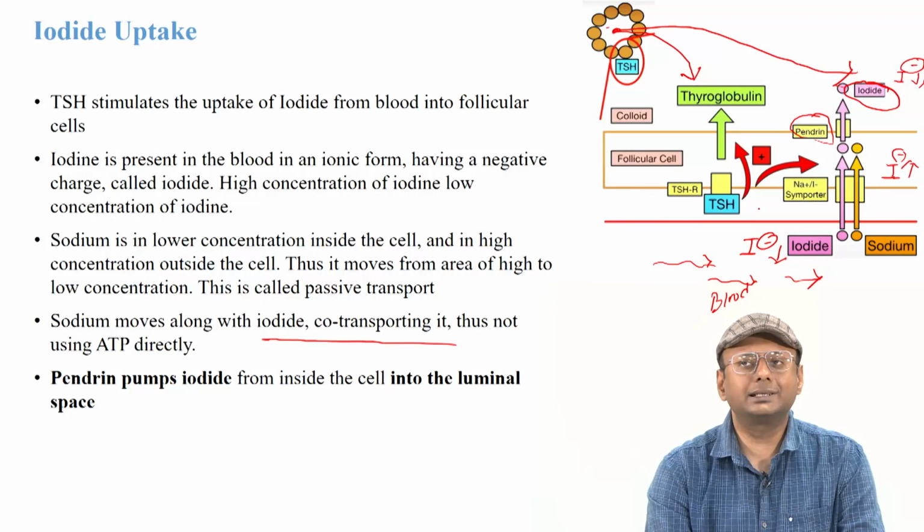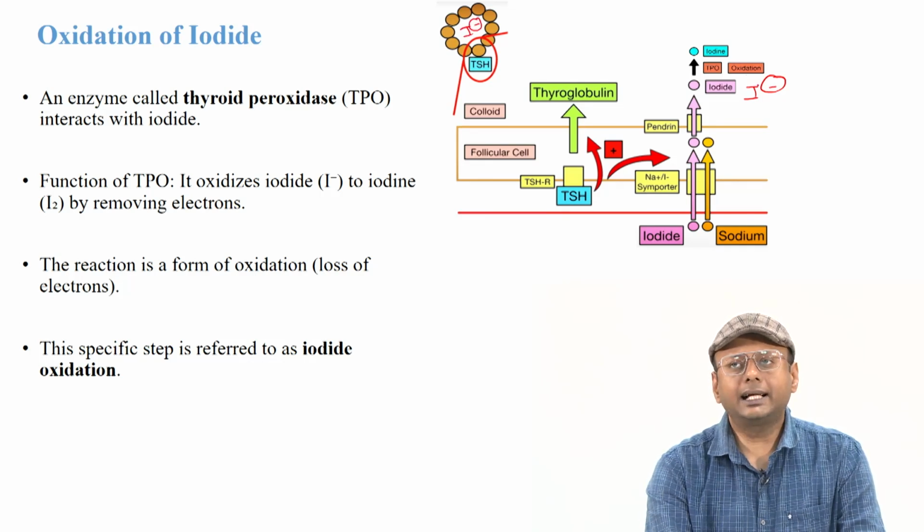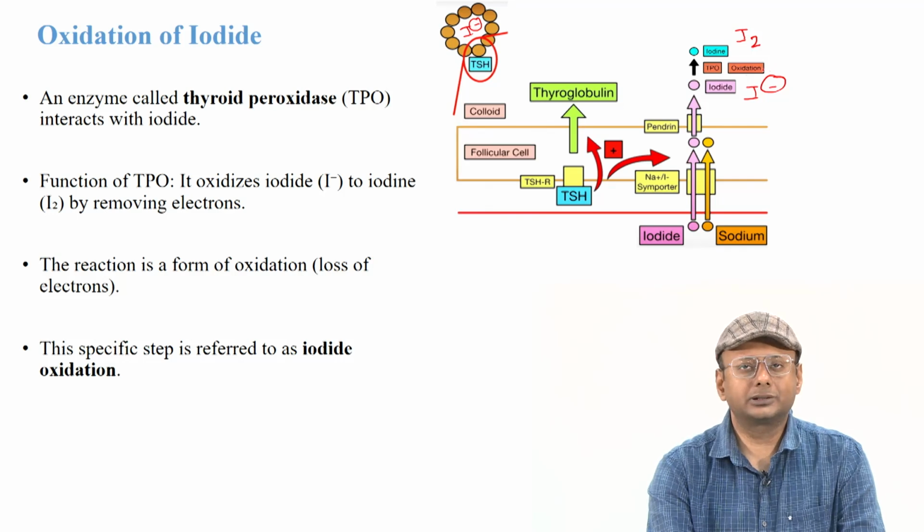Now let's see what is the next step. Once this iodide ion comes inside of the colloidal part, this iodide ion gets oxidized to iodine by an enzyme called TPO, which is thyroid peroxidase.